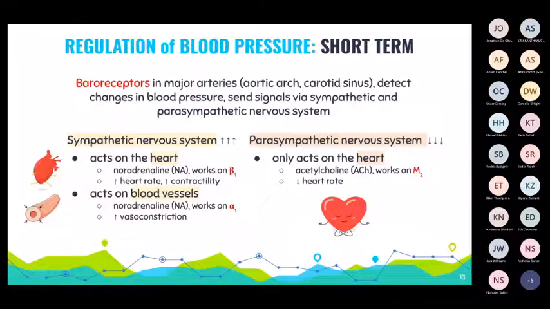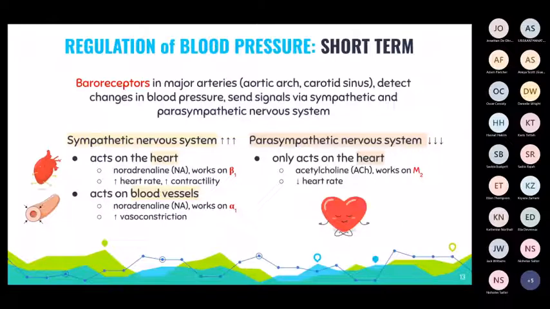You've got your baroreceptors, your pressure receptors. Baro just means pressure, think of a barometer, in your major arteries, so your aortic arch and your carotid sinus. If the blood pressure goes up or down, your baroreceptors know about it straight away. It's very fast. They send signals through your sympathetic and your parasympathetic nervous system, and they speed things up or slow things down accordingly.